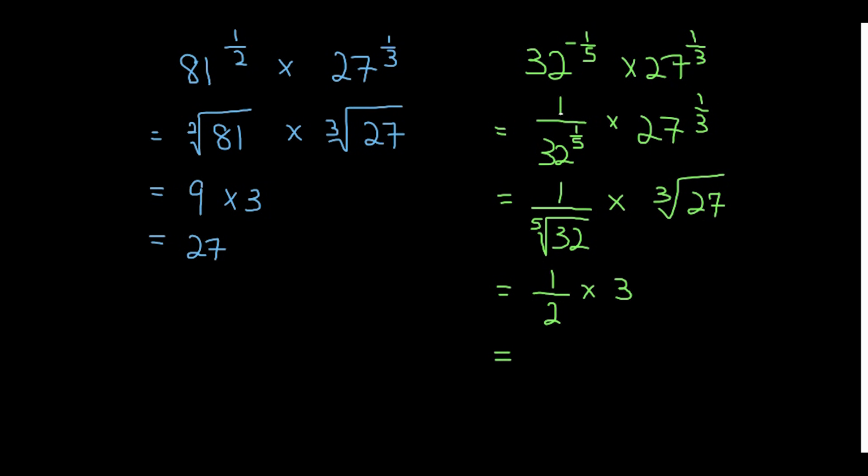I just heard somebody say 1.5. Yes, we could write it as a fraction, 3 over 2, or you could write it as 1.5. Up to you. Okay? So, all those are acceptable answers. 3 over 2, 1.5.